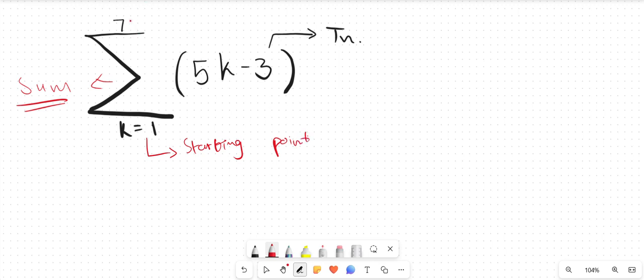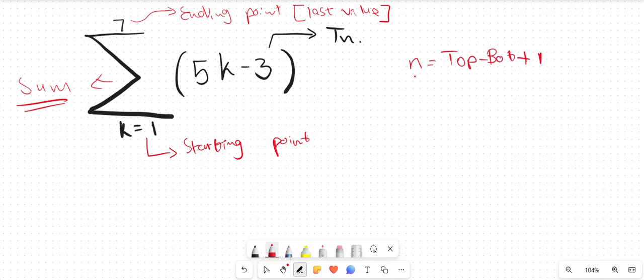And this is our ending point, or rather, your last value if you want. And we can actually calculate how many terms there are using the end value and the starting point. The number of terms n is always equal to the top minus the bottom plus 1. You always use this formula right there.